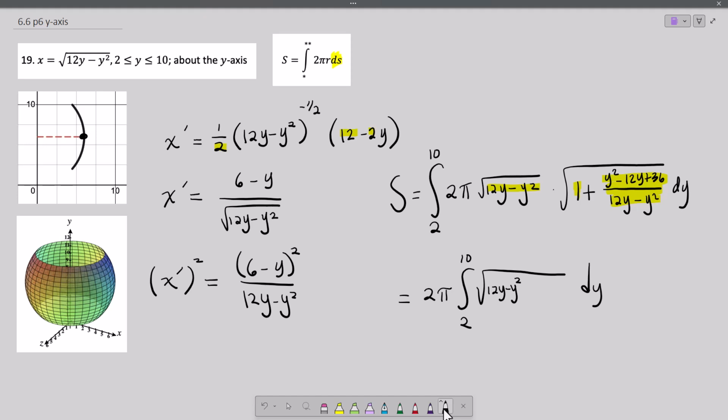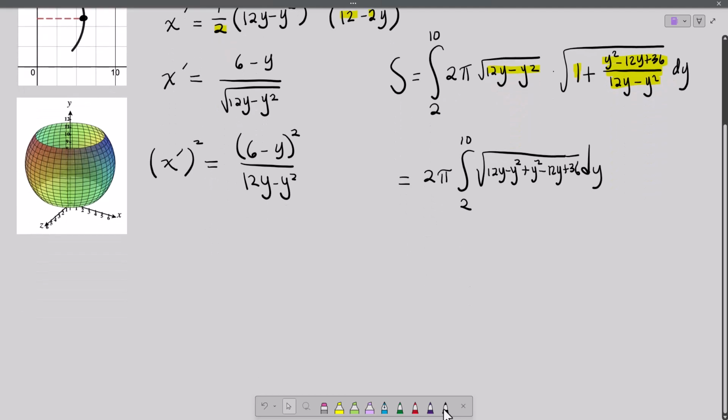So it's just itself. And then when we multiply it by the second fraction, it literally cancels out the denominator. So we have just the numerator, y squared minus 12y plus 36. Everything cancels but the 36. So in these surface area integrals, you can see the cancellation from that outside function, the 2 pi r, can really make the integral a lot easier.